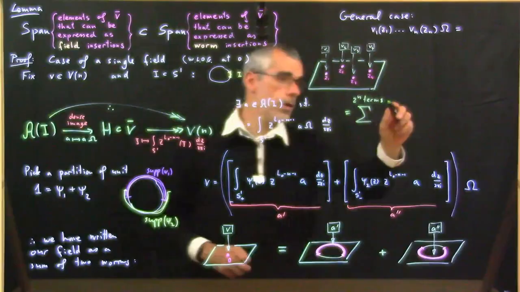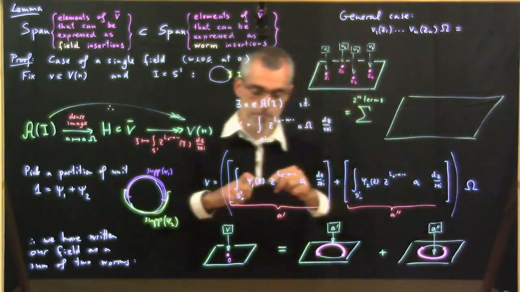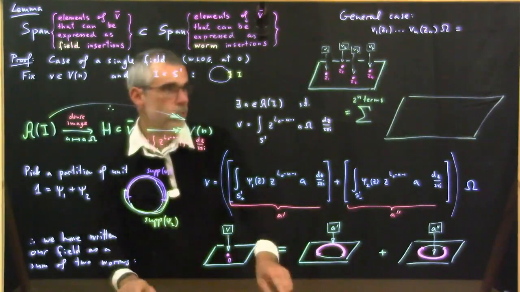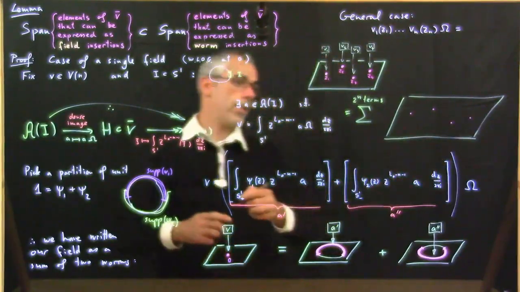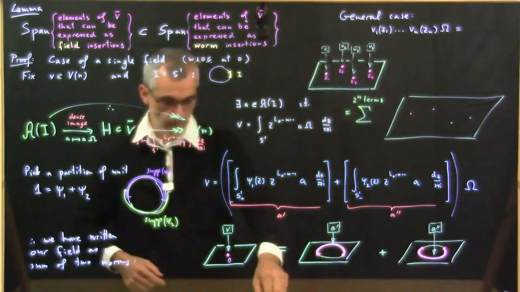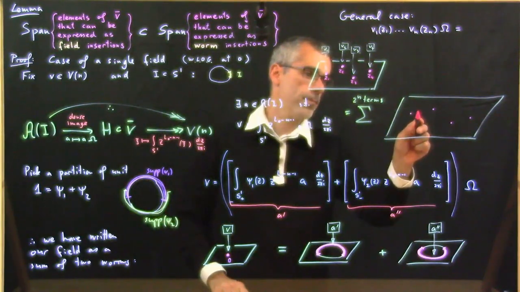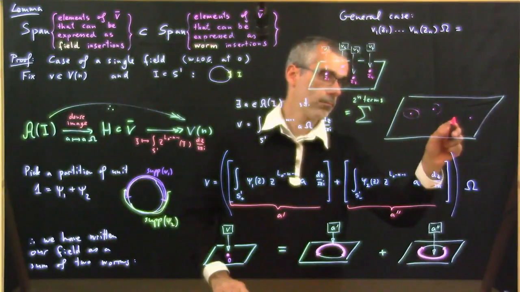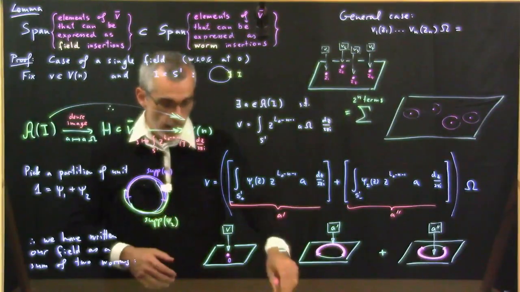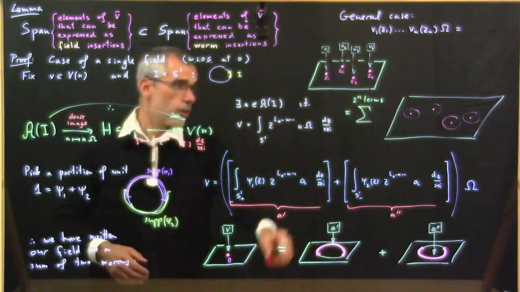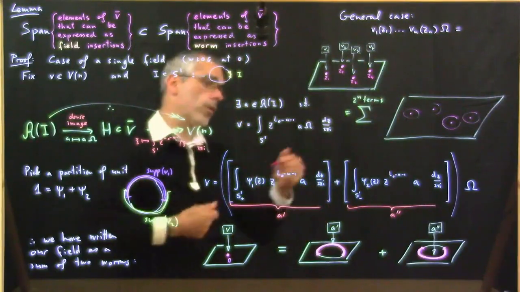where each term looks as follows. So here we have the points that carried our fields up there, the z_i's. Then we have the little circles that we have chosen around each one of them. And then for each such circle, we have a choice of, do we take the upper half or the lower half?